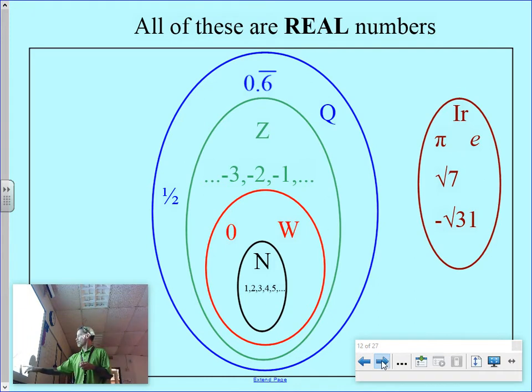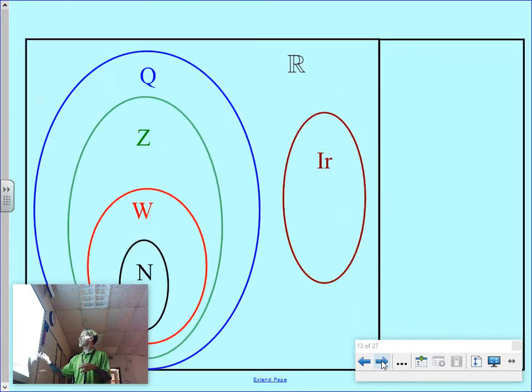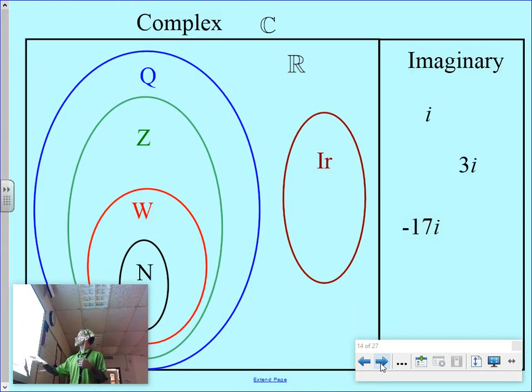Now, there are a couple others that I'm not going to test you on, but there are some things over here kind of away from the real numbers that are called imaginary. And again, you did these in Algebra 2 with the number i. And if you remember i, the definition of i was the square root of -1. We'll get into more complex numbers later on in the year, but anything with an i in it is imaginary.